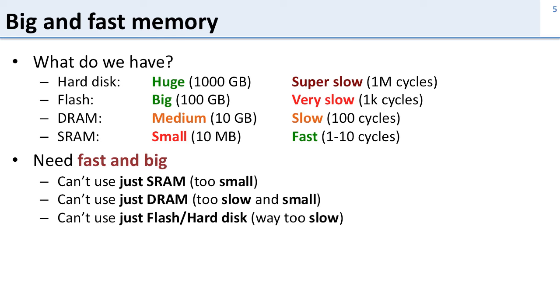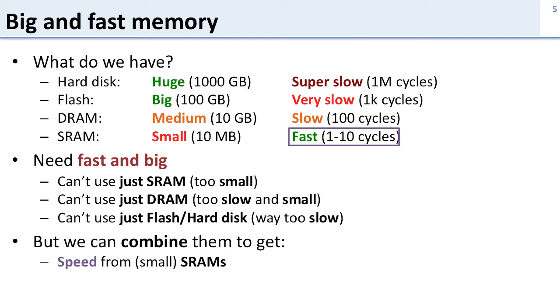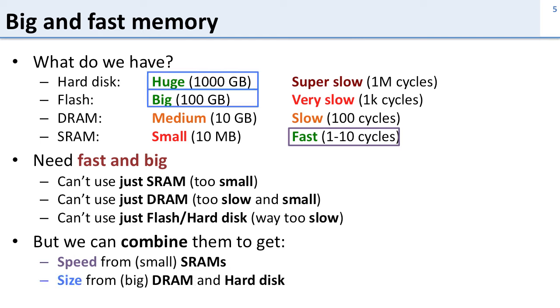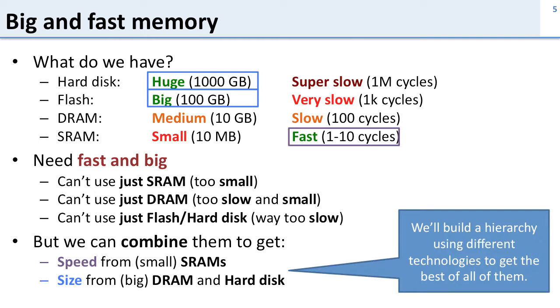And we can't use just flash or hard disk because it's way too slow. But what we can do is combine these together. So we can combine them to get the speed from small SRAMs and the size from large DRAM and hard disks. This combination is the memory hierarchy. So we're going to use these different technologies, put them together, and use them in a clever way to get the best of all of them.